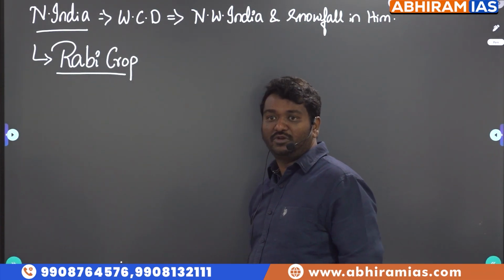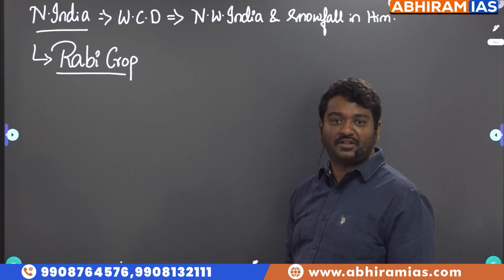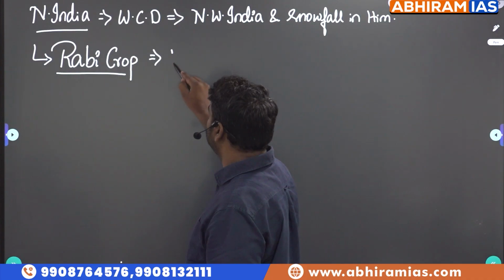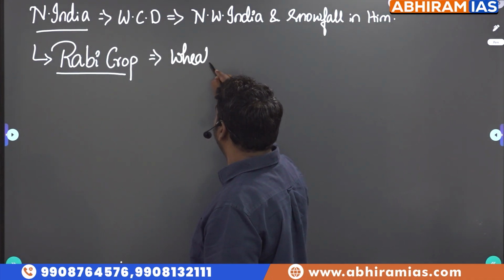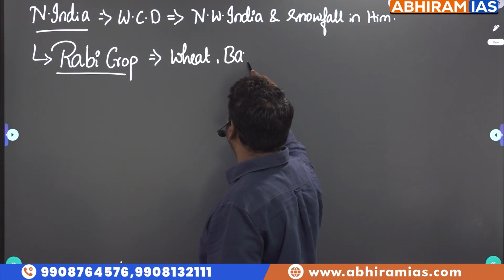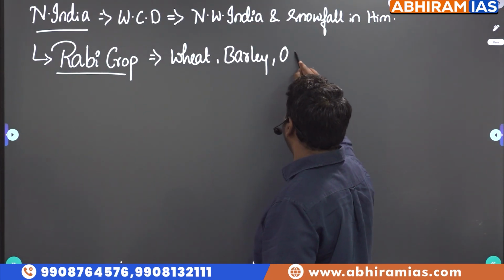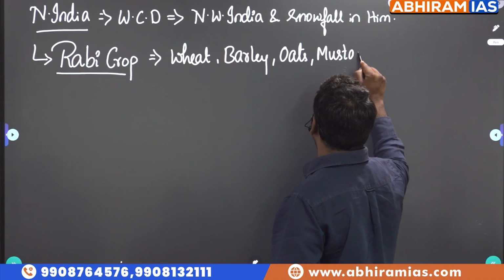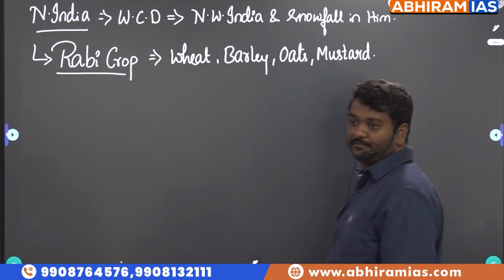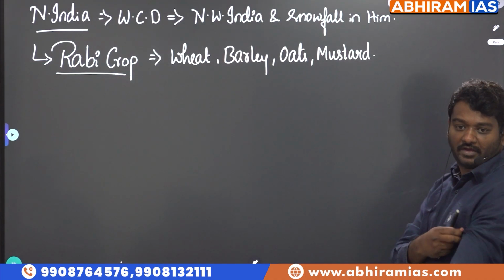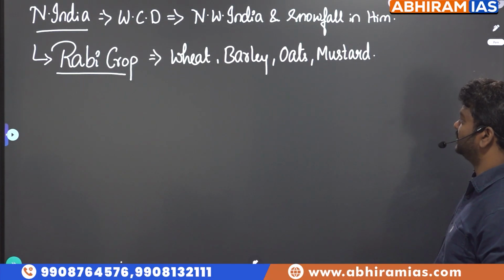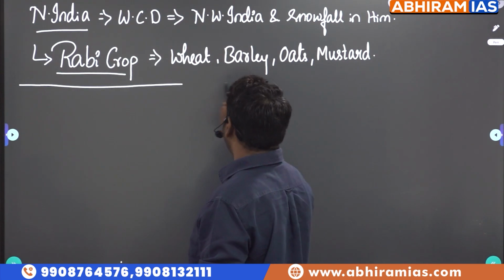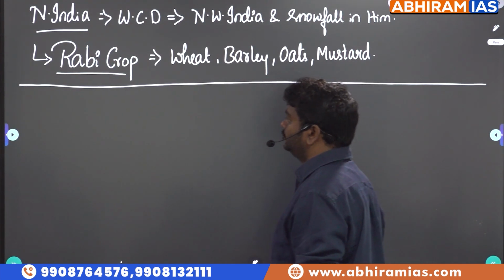Rabi crops are grown in which part of India? North India, that too northwestern India. What are the Rabi crops? Most repeated questions are about Rabi crops. Wheat, barley, oats, mustard. Okay, wheat, barley, oats, mustard. This is North India. Next.